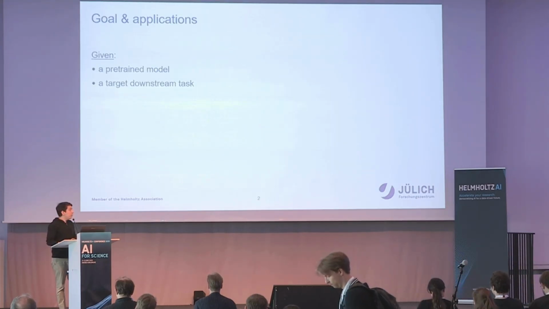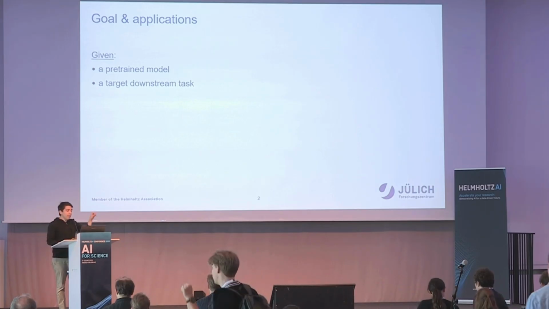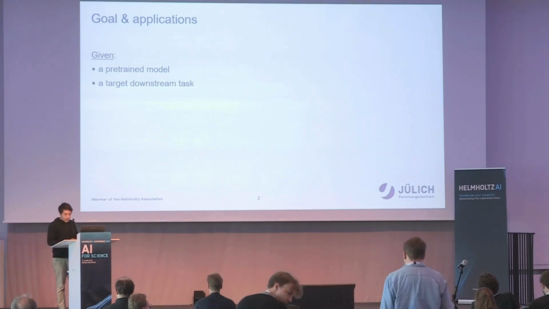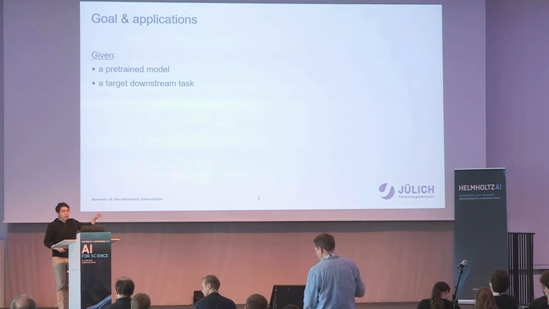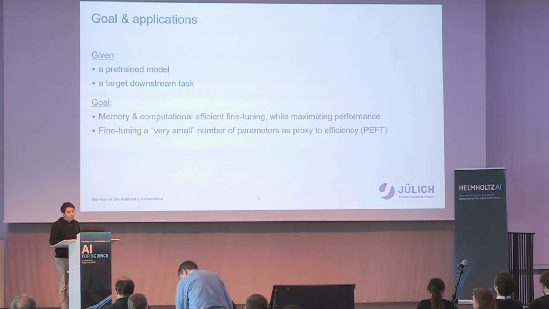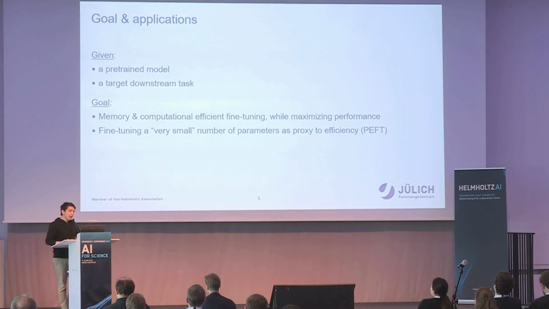So we have a pre-trained model and a target downstream task, and we want to fine-tune the model to the task efficiently, where efficiently means either memory efficiency or computational efficiency, but ideally both, while maximizing the performance.